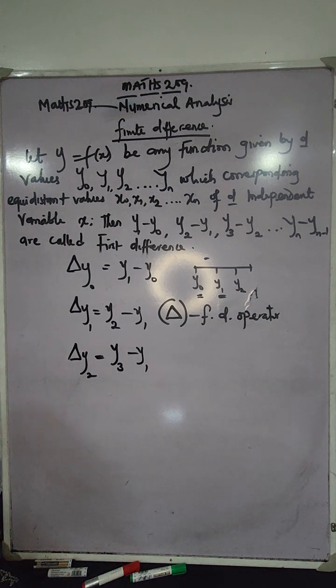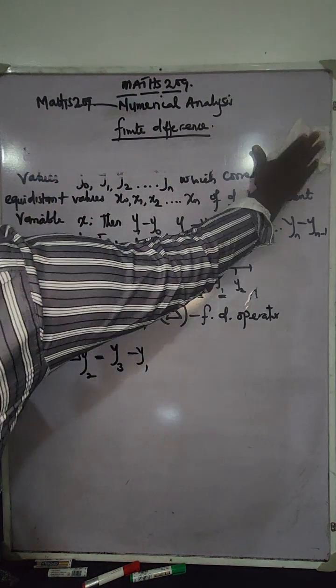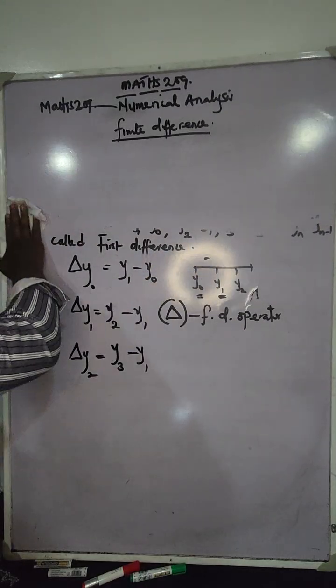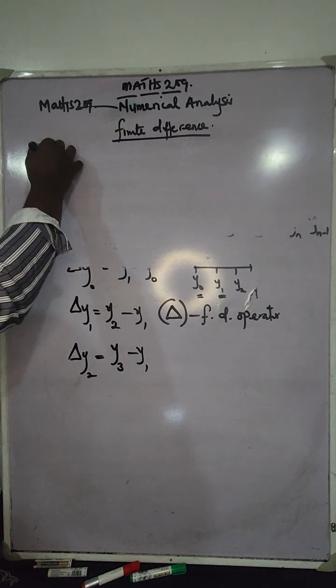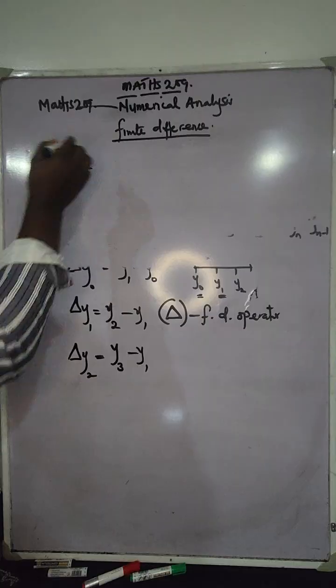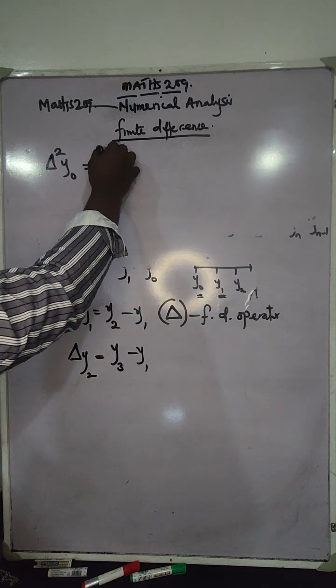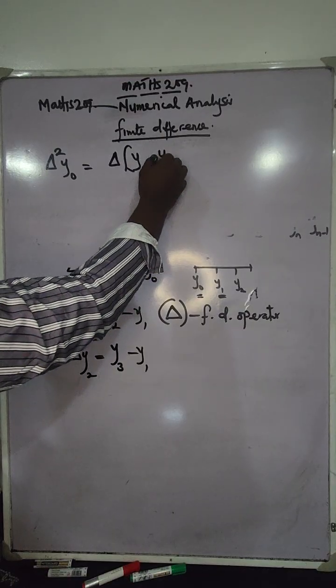And so we said, let me clean this part quickly. The forward difference squared of y0 is the forward difference of y1 minus y0.